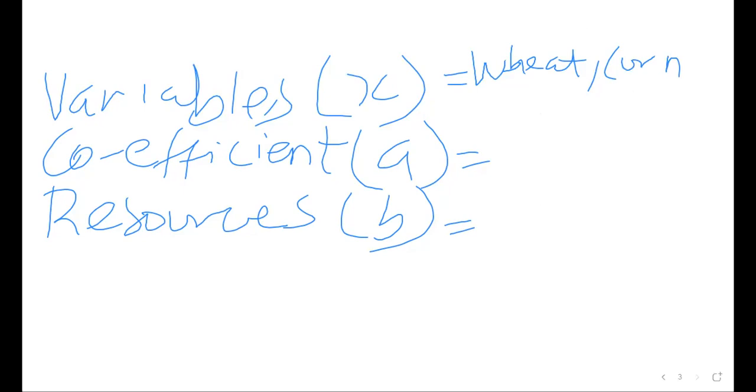The coefficients: those working on wheat are 3 workers and 2 fertilizers. Corn has 2 workers and 4 fertilizers.